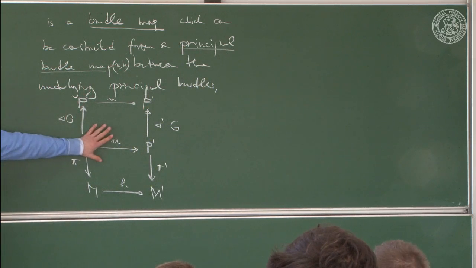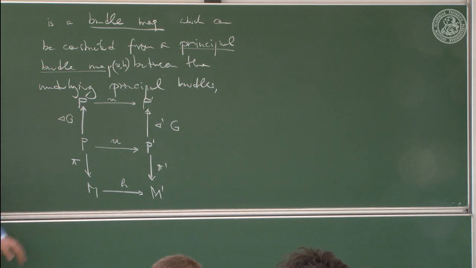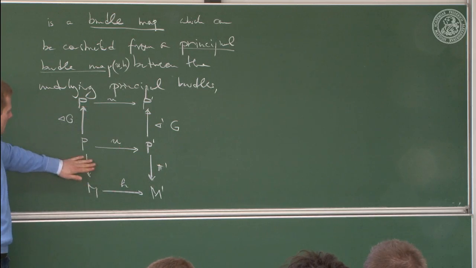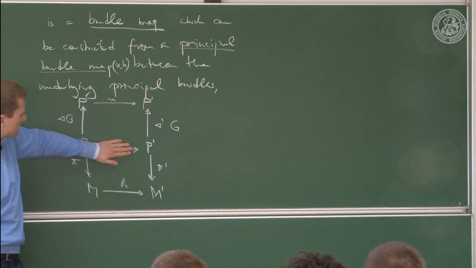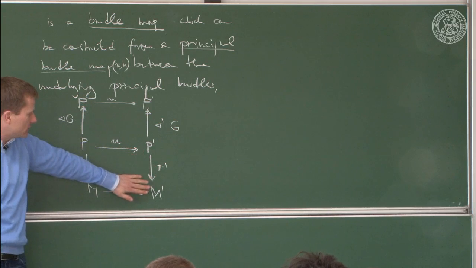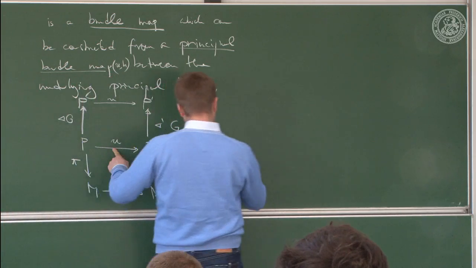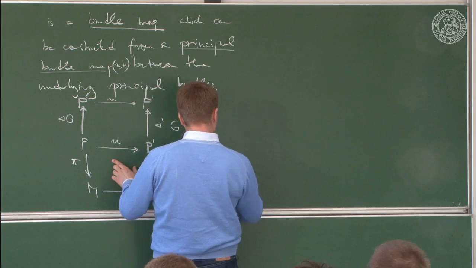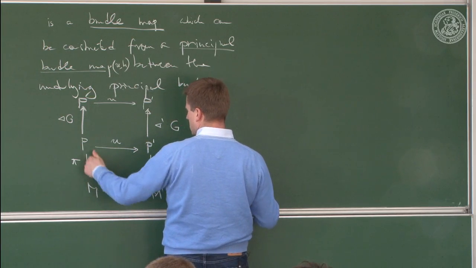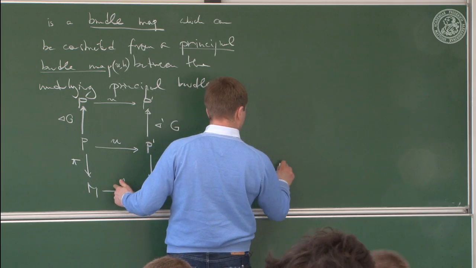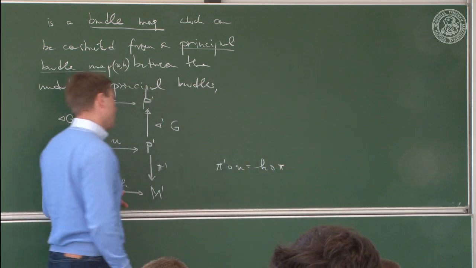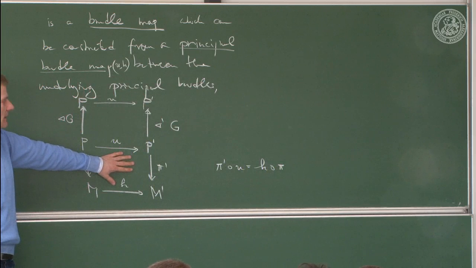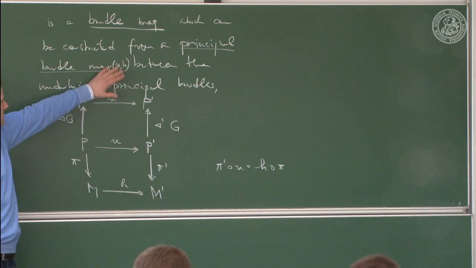And let's recall quickly what a principal bundle map was. A principal bundle map is a bundle map. That means it respects this part of the diagram to commute. That means pi prime after U is H after pi. And that would be a bundle map.